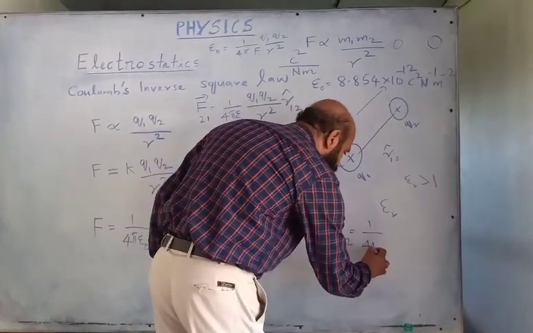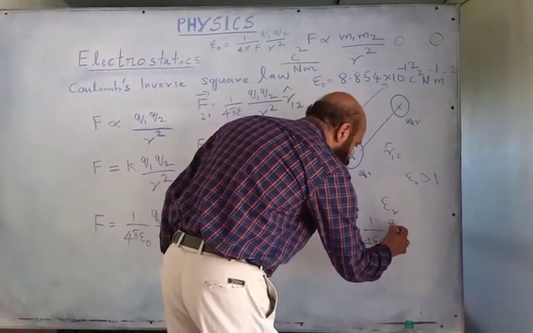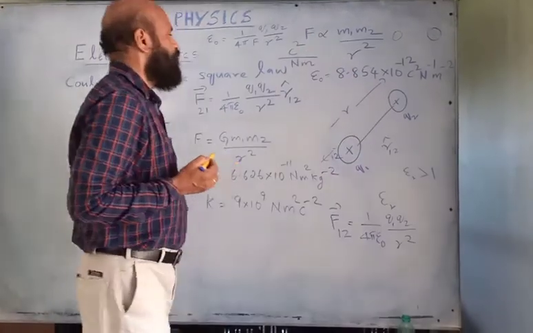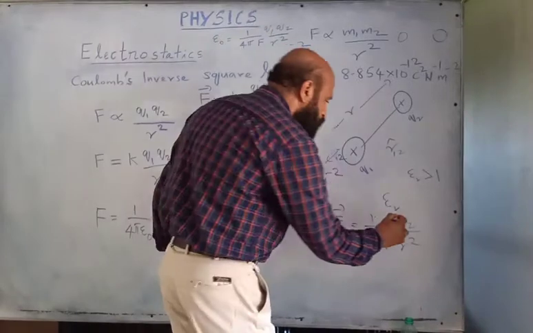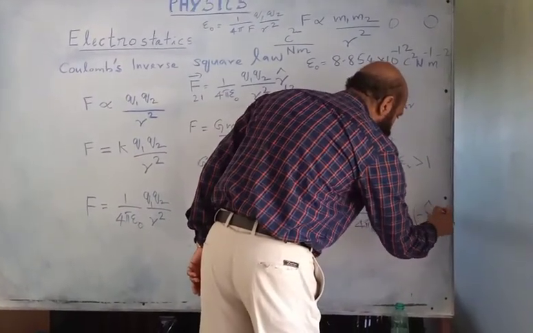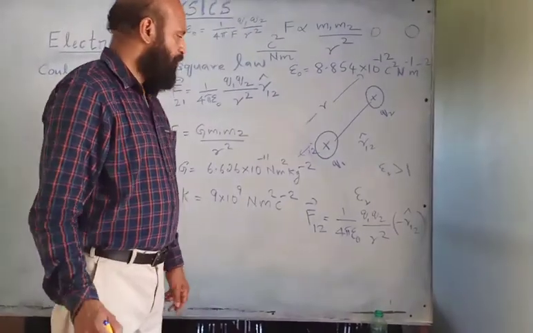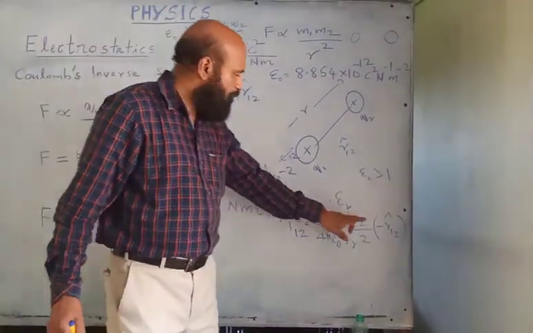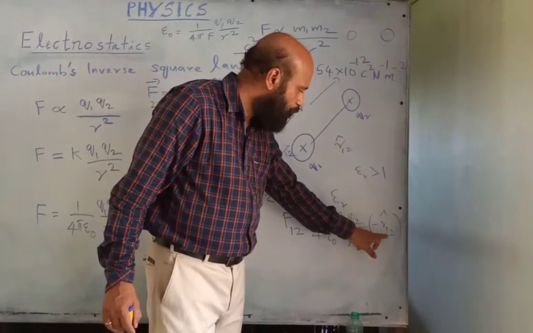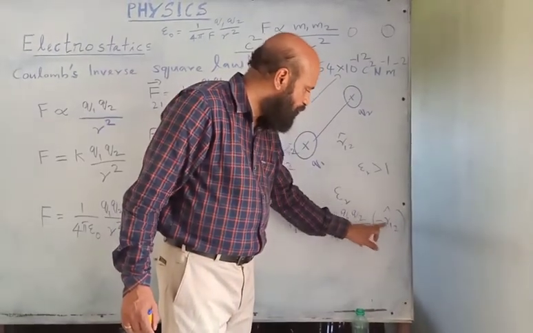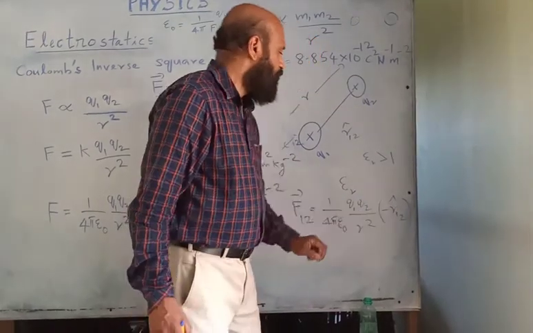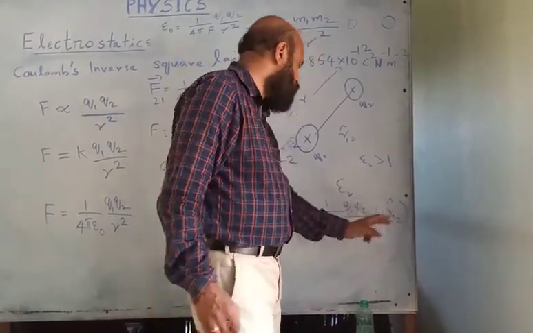1 by 4 pi epsilon 0 q1 q2 by r square. Since it is in the opposite direction, we have to change the sign. It's a unit vector from the first charge to the second charge. Since it's negative, you can change this: instead of 1 2, you can write 2 1.